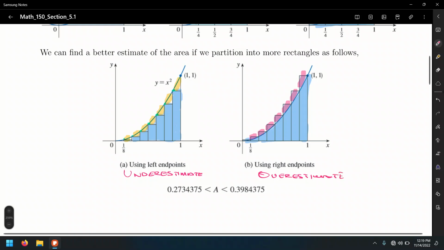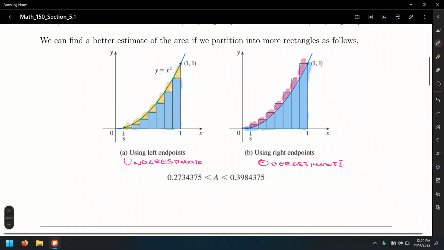All right. And well, I'm using the example from the textbook. In this case, they are calculating the areas of both the underestimate using left endpoints, that is, rectangles inscribed inside of the function, and the overestimate using the rectangles that go outside of the function. For now, don't worry about how they got these results.